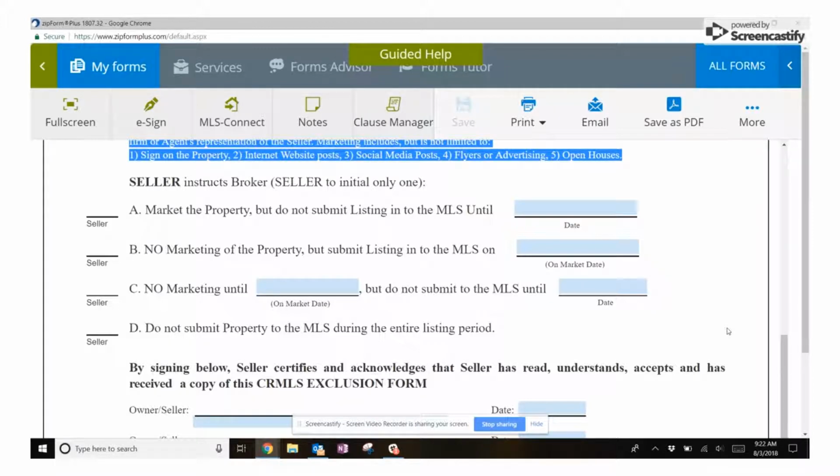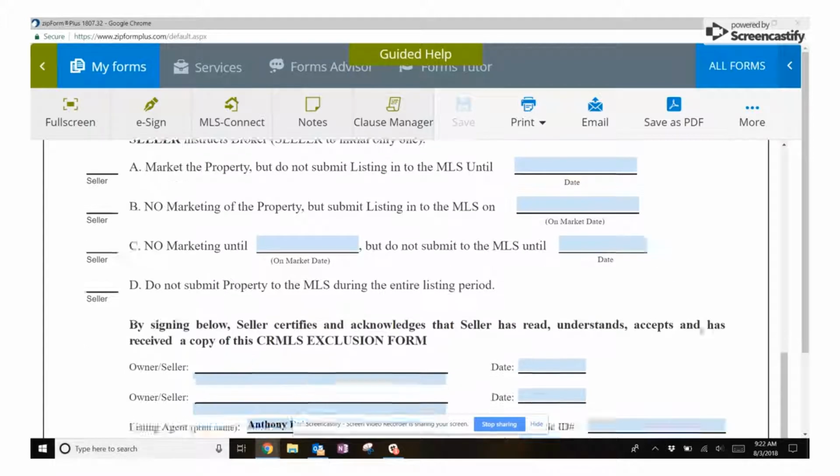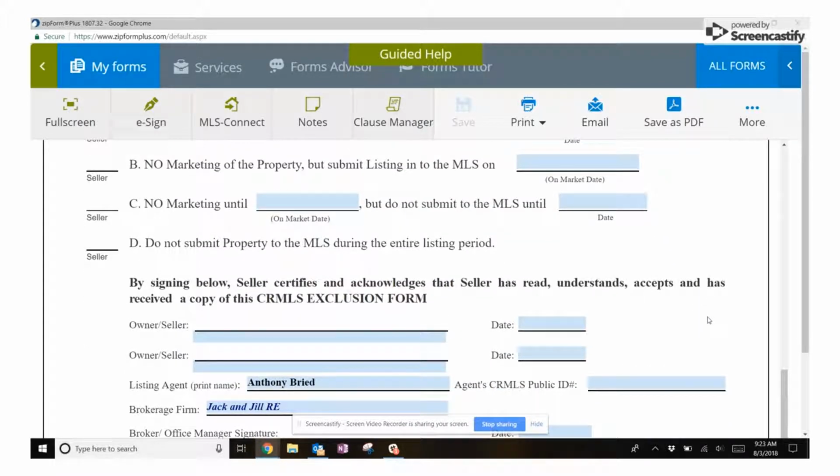With one of these 3 sections chosen, please down below make sure that your seller or sellers sign this agreement along with you yourself, the listing agent, as well as what's just as important, your broker or office manager's signature. With all 3 or 4 signatures done, you now have within 2 business days to submit a copy of this document to CRMLS, showing CRMLS why your listing has now been kept out of the MLS.